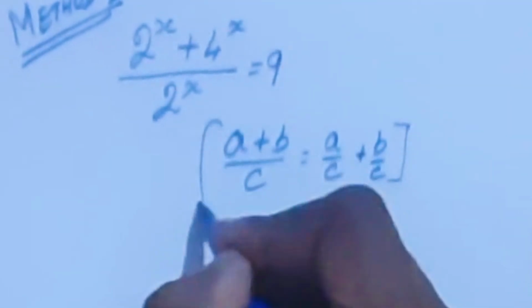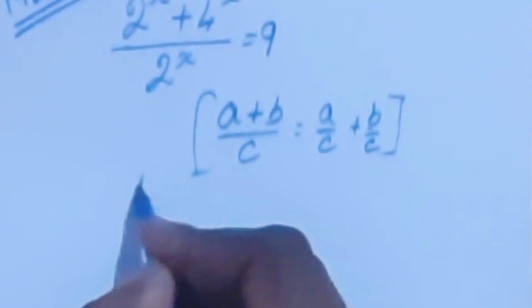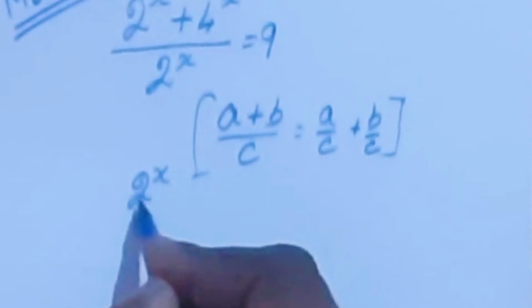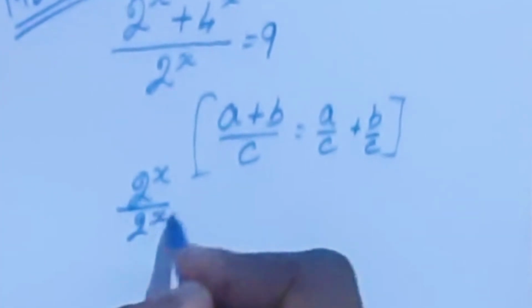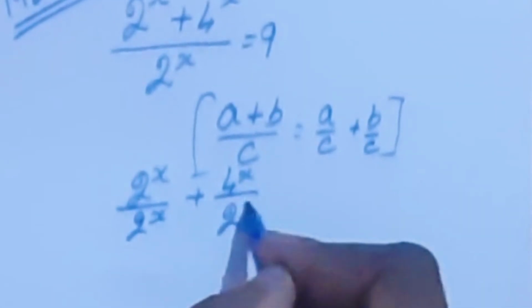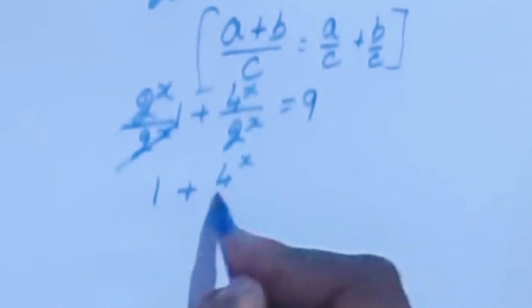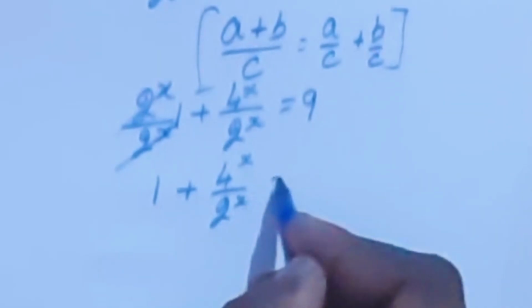This we are going to apply here. So we'll get here 2 power x by 2 power x plus 4 power x by 2 power x equal to 9. Now this cancels this. Here we have 1. So 1 plus 4 power x by 2 power x equal to 9.